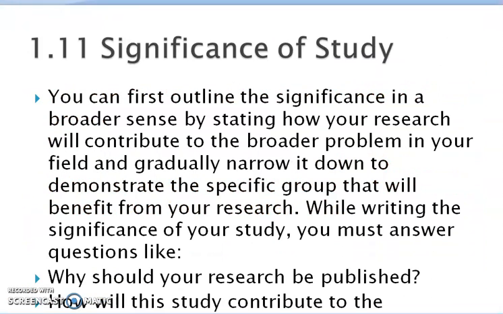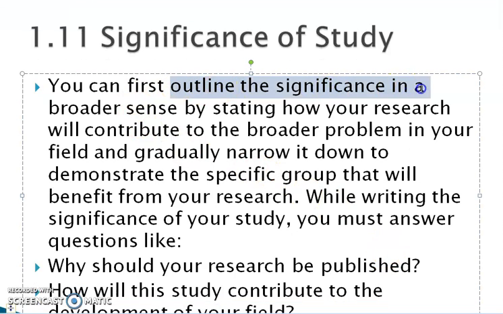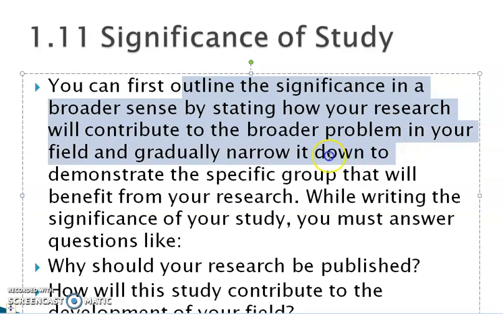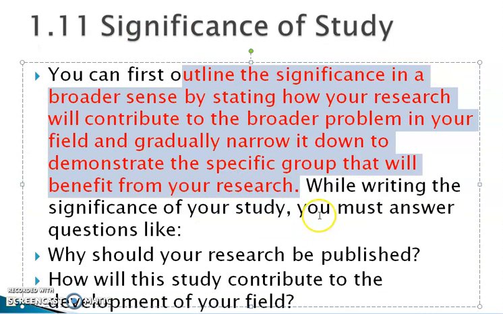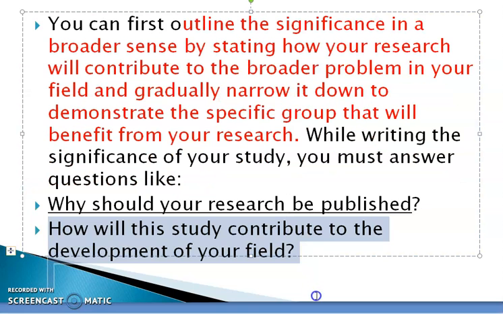Right. Let's continue. Significance of study. You can first outline the significance in the broad sense by stating how your research will contribute to the broader problem in your field, and gradually narrow it down to demonstrate the specific group that will benefit from your research. And while writing the significance of your study, you must answer the following: why should you study this, why should your research be published, and how will this study contribute to the development of the field.